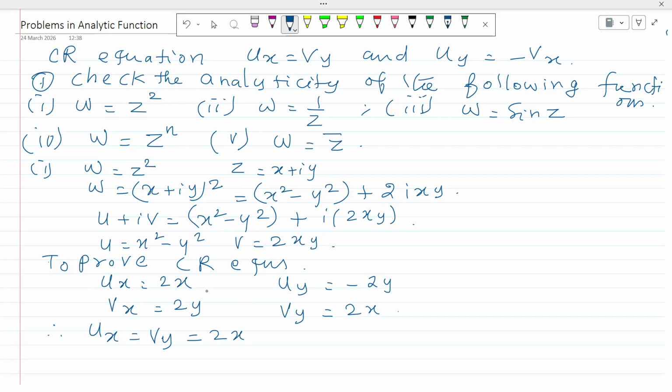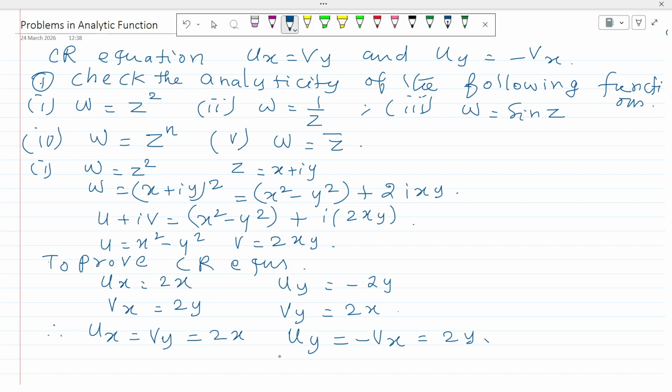Both are same. Second one, uy equal to minus vx equal to minus 2y.